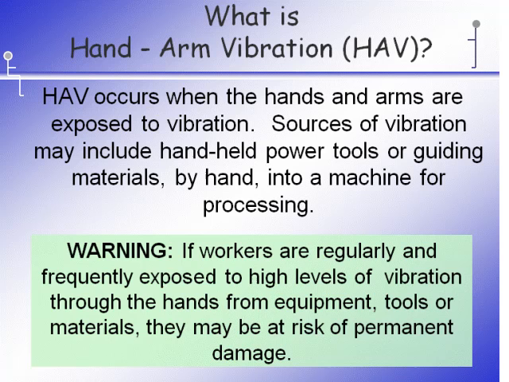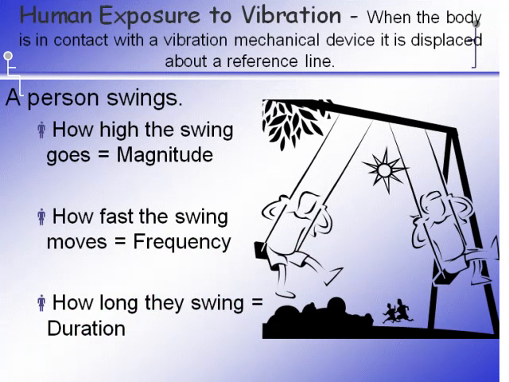I mean, there are all sorts of different ways in which your hands are in contact with a vibrating source. And so workers who are frequently exposed to tools that vibrate may be at a higher risk for developing hand-arm vibration syndrome.